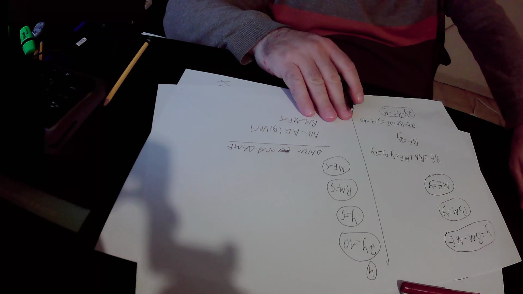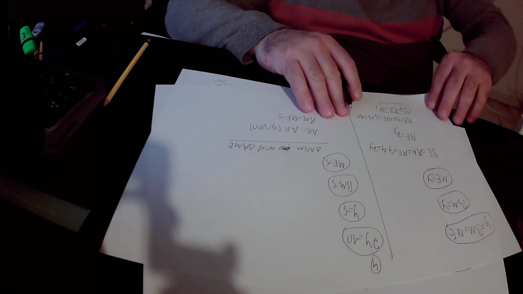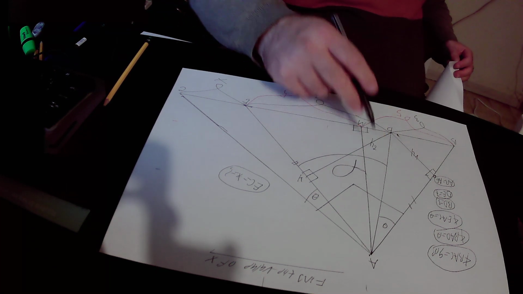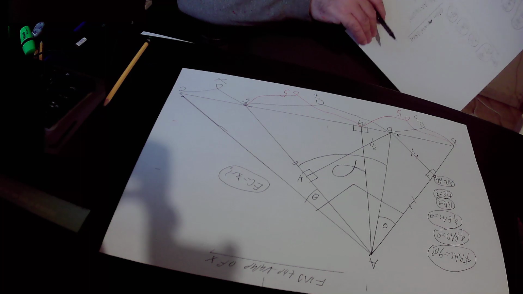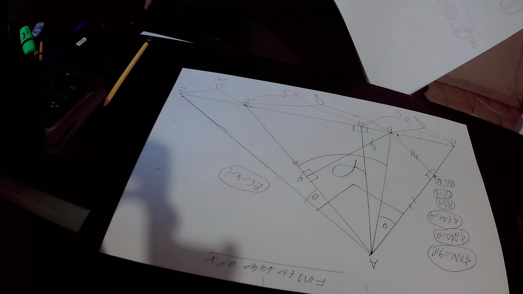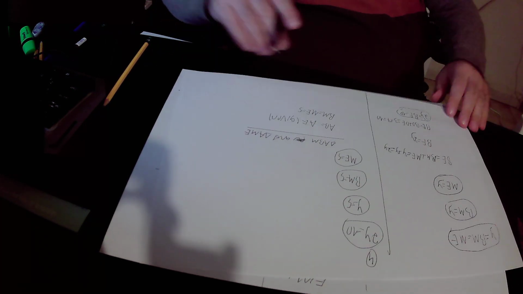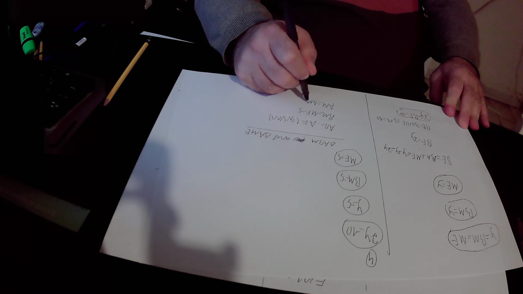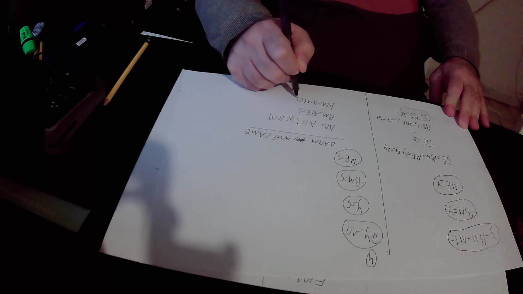And we also know that AM equals itself. AM equals AM is a common side that belongs to both triangles.